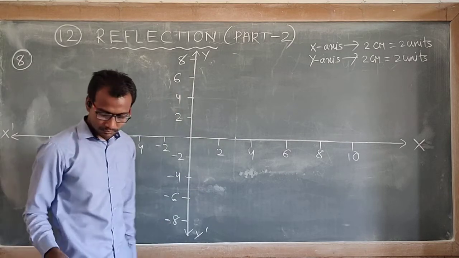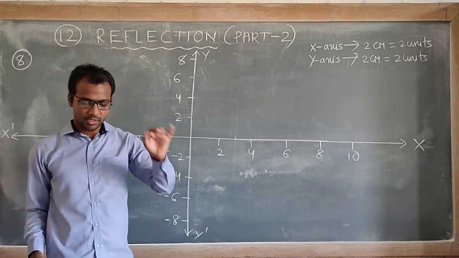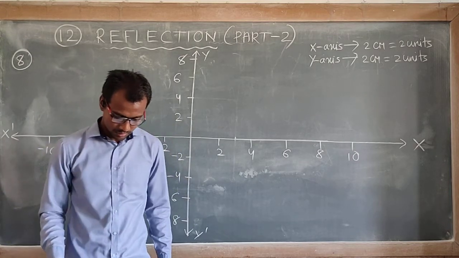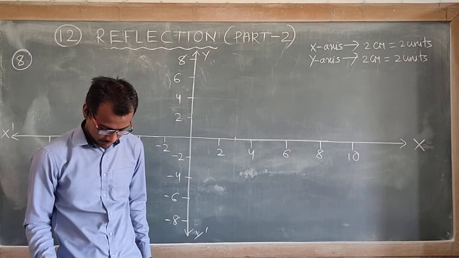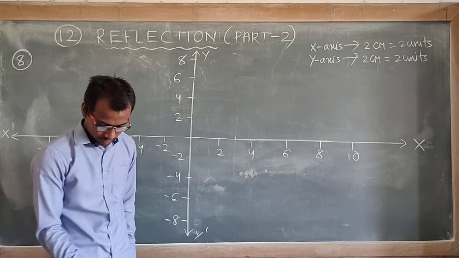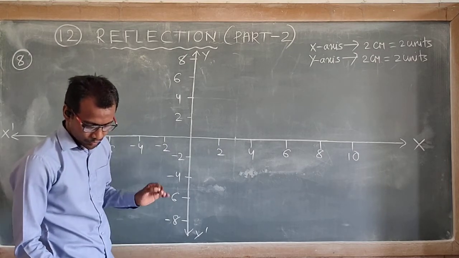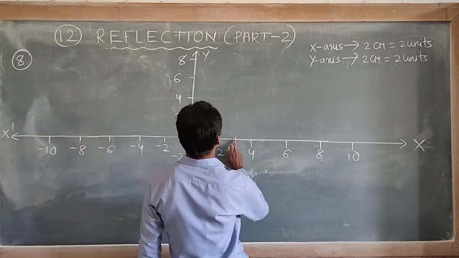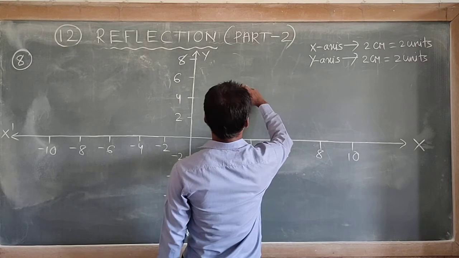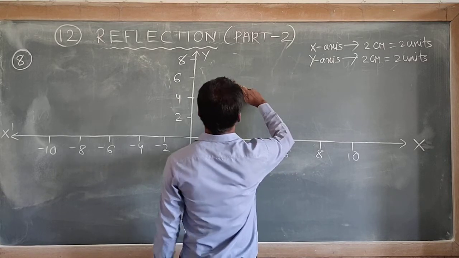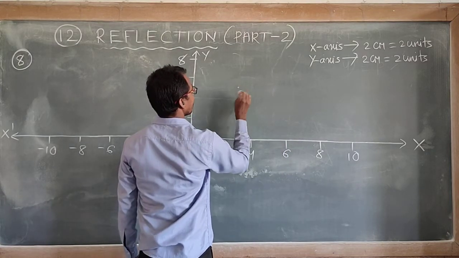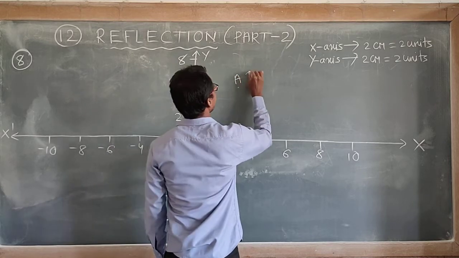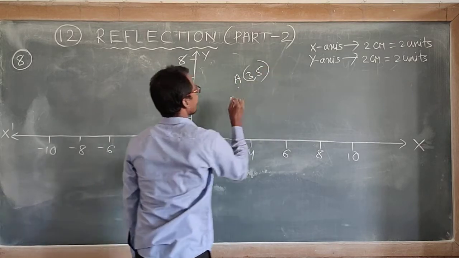Okay. Now let us move to another question, the last question of this part. Plot the points A 3, 5. 3, 5 means 3, 5. Here. This point is 3, 5.